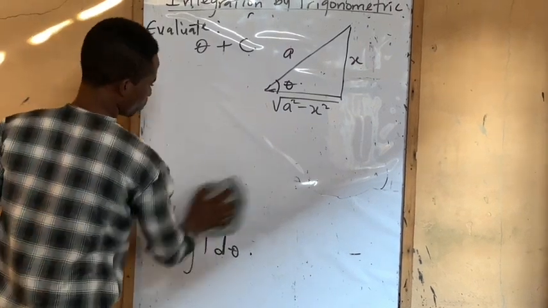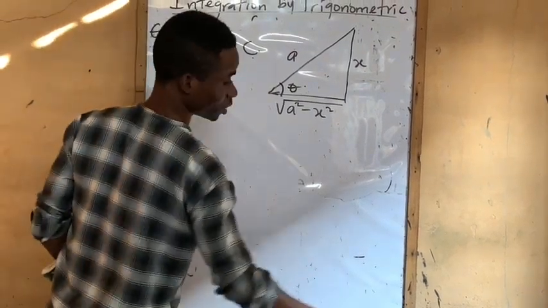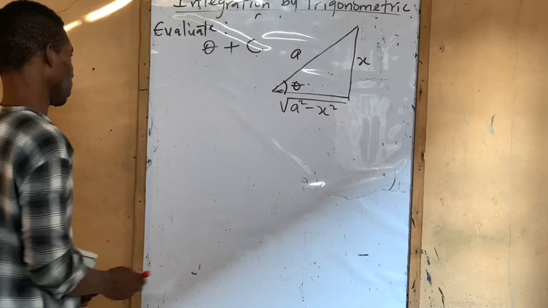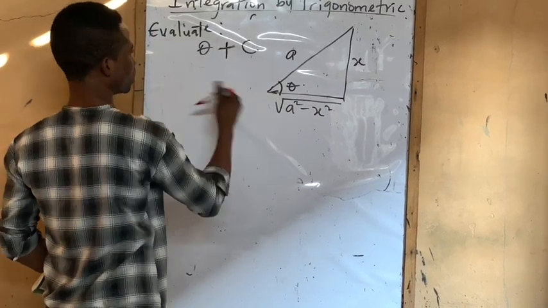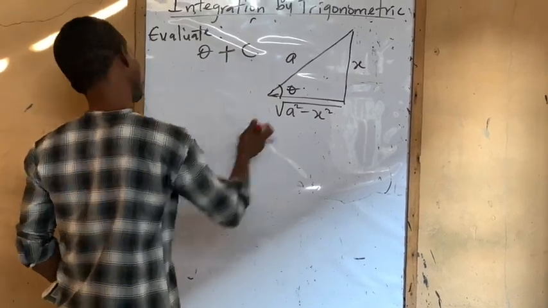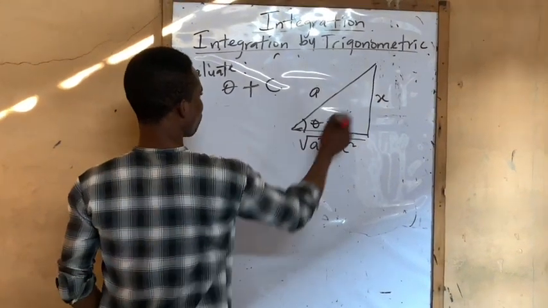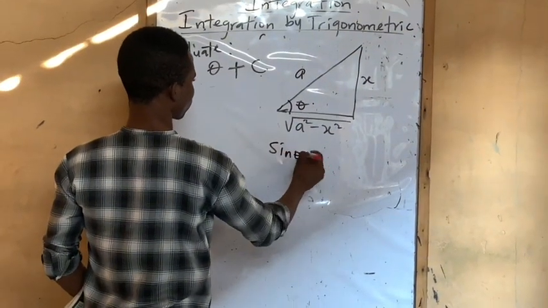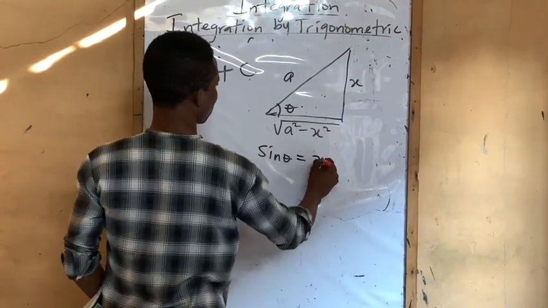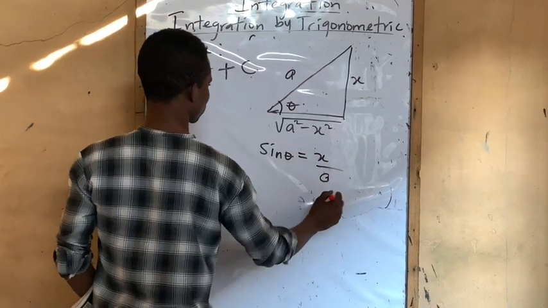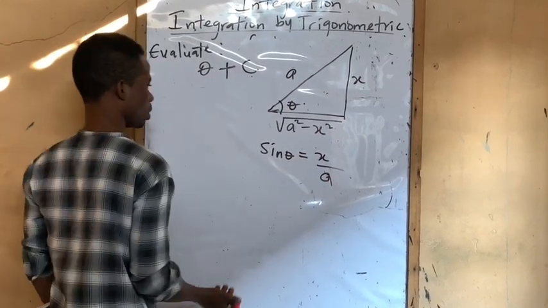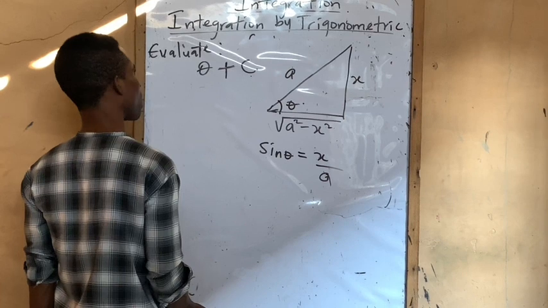Now that we have gotten the adjacent side, actually, I'm not even sure we need it. We don't really need the adjacent side, because we started with sin theta equals opposite over hypotenuse. So I'm looking for theta.